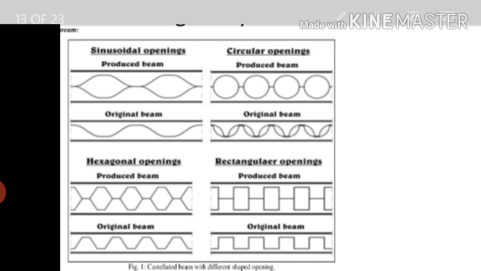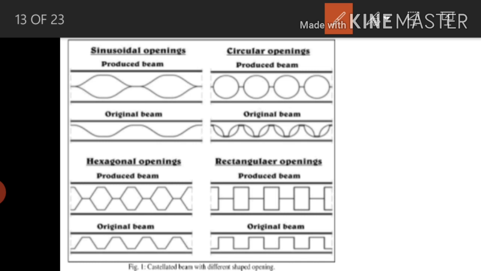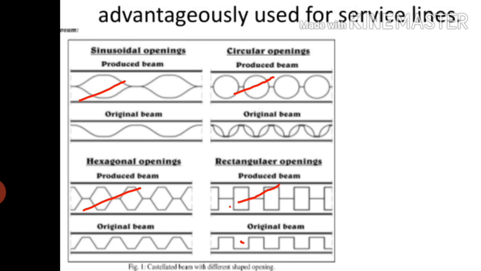This is a circular opening, provided at the web. This is a hexagonal opening, rectangular opening, and this is also another type of opening. And this type of beam is called a castellated beam.